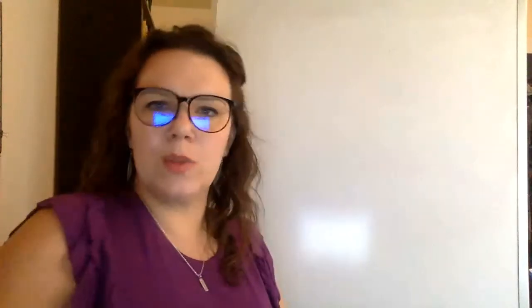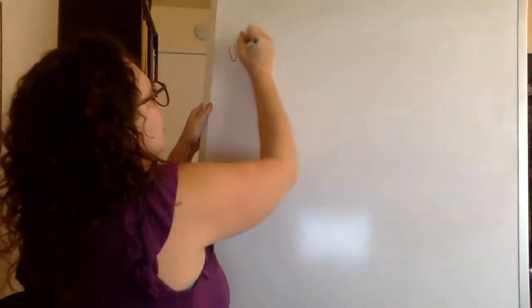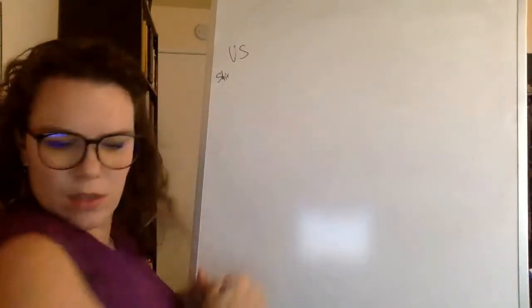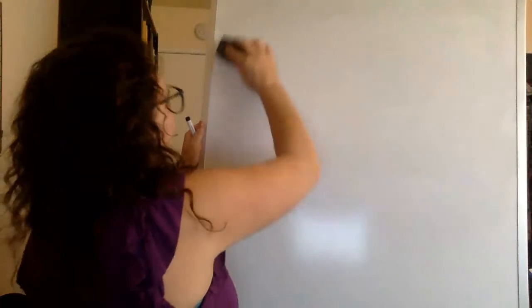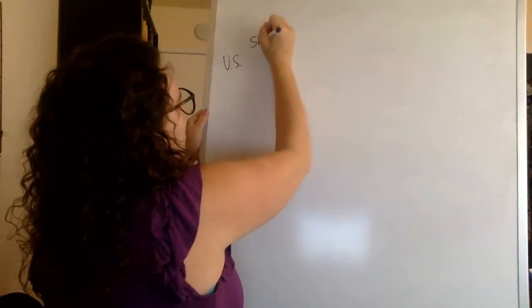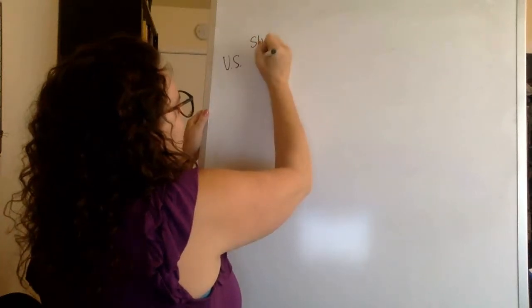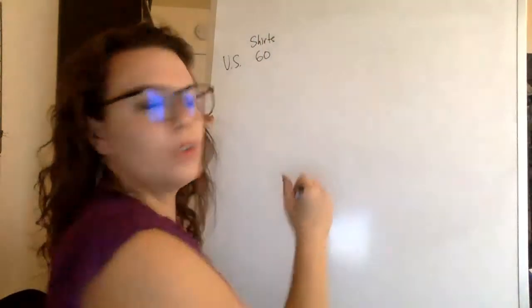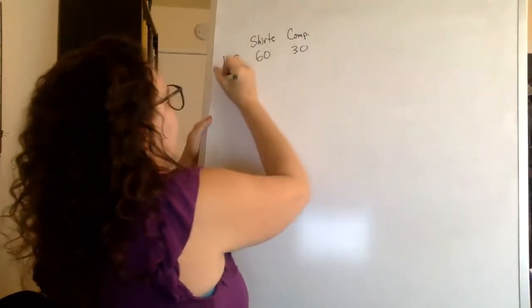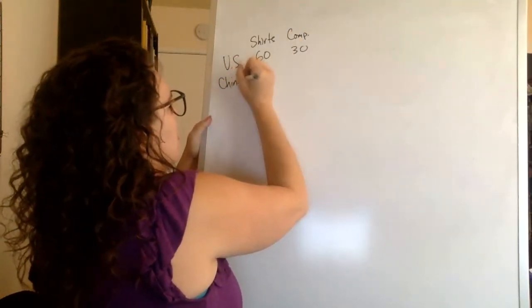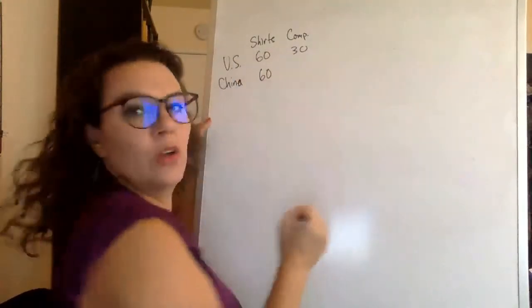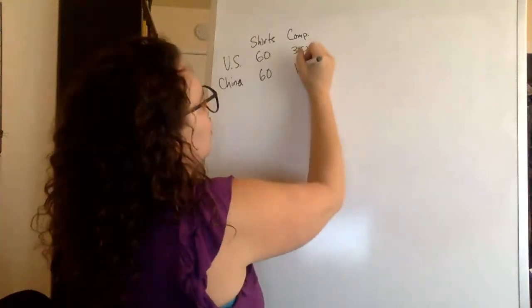In a year, a US worker can produce 60 shirts or 30 computers. A Chinese worker can produce in that same year 60 shirts or 12 computers.